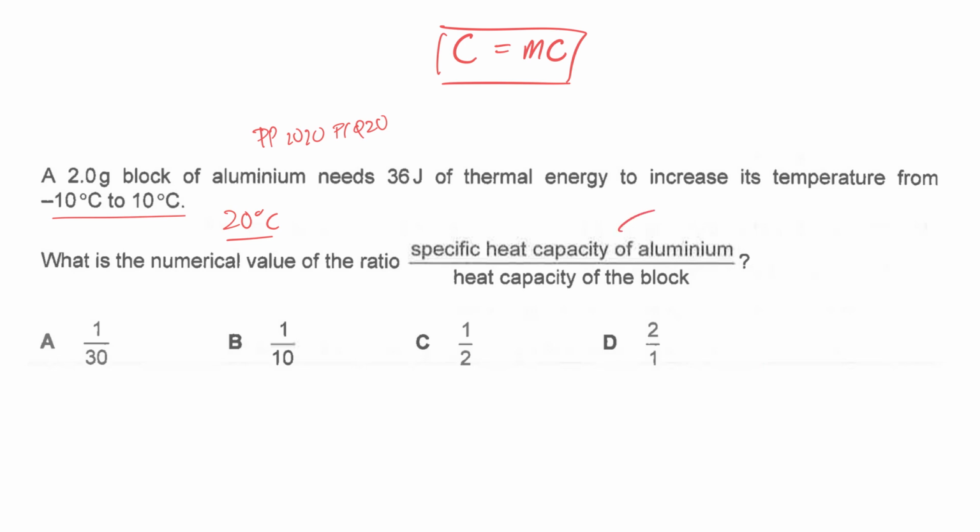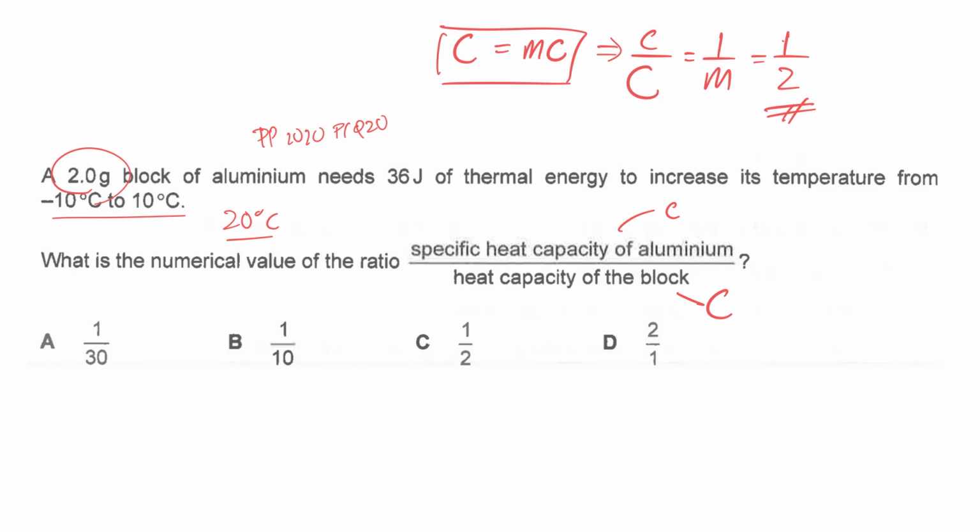Since I want the specific heat capacity over the heat capacity, the big C, if I do little c over big C, that will be 1 over the mass. And what's the mass given to you? It's just 1 over 2, and that will be the answer.